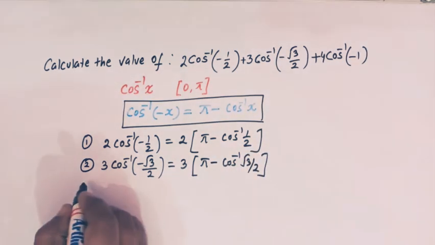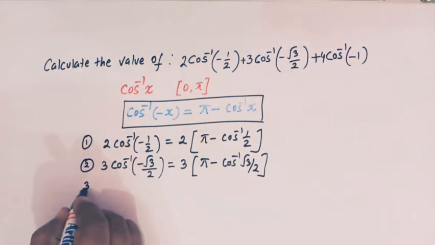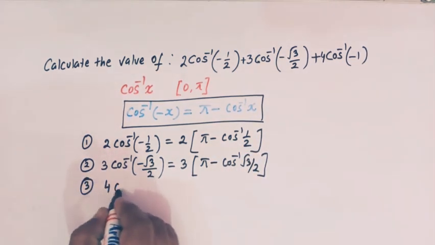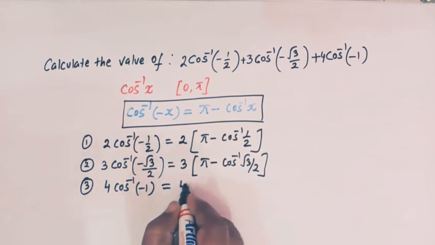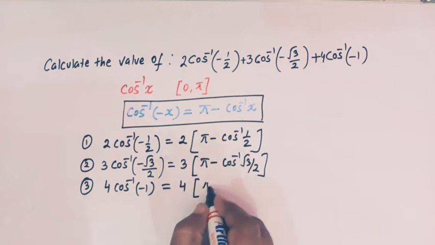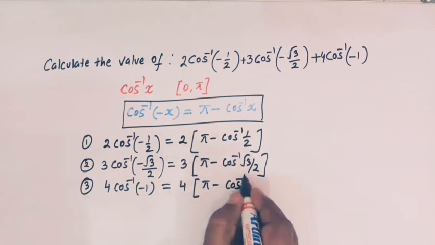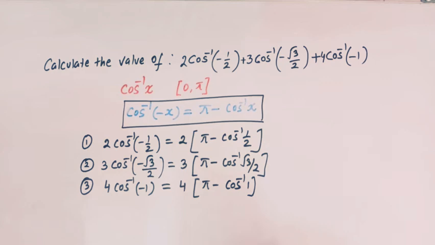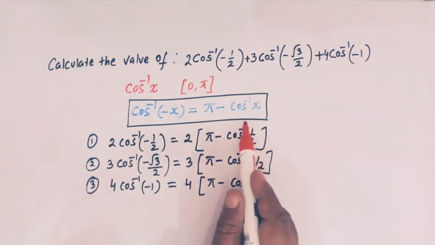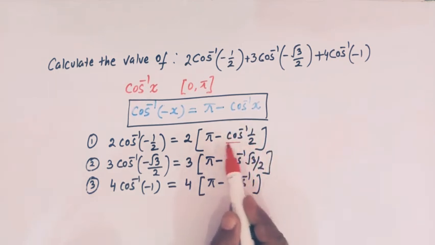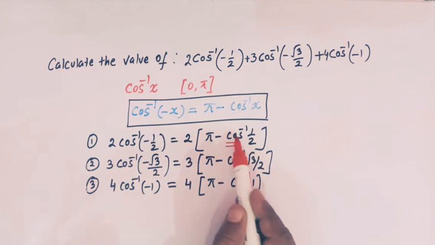And the third term is 4 times cos inverse of minus 1, that is 4 times pi minus cos inverse of 1, right?